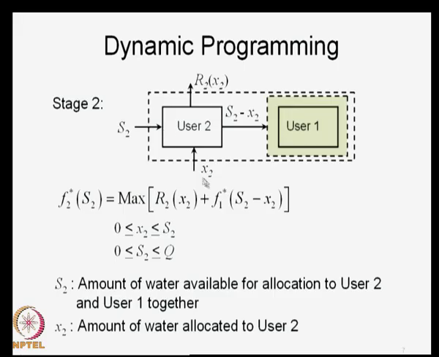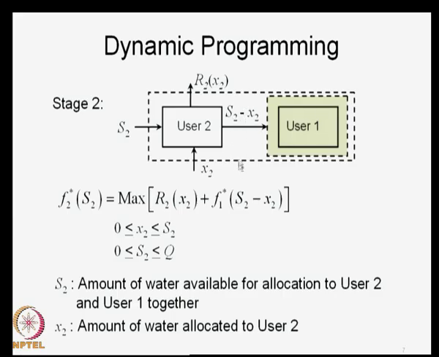Because you make an allocation of X2 from the available S2, the amount of water available for allocation at the next stage, which is S1 in this case, as we are proceeding in the backward direction, will be S2 minus X2. But we have solved this problem already.